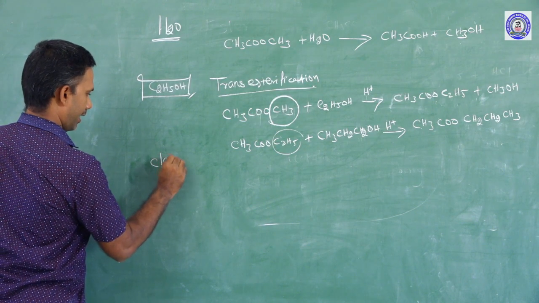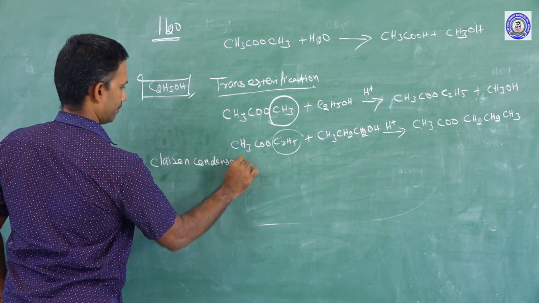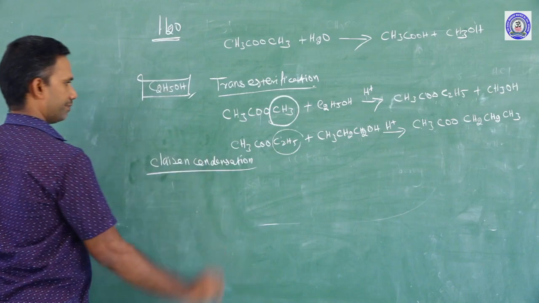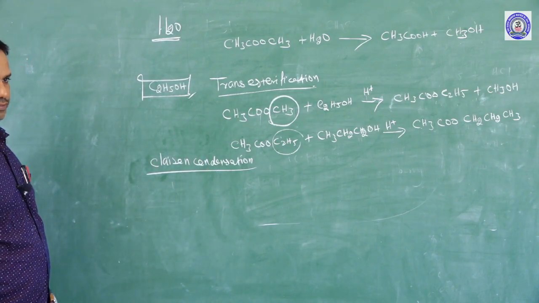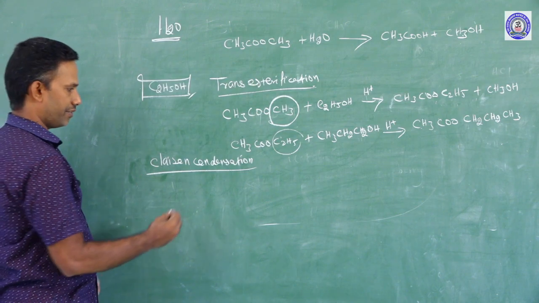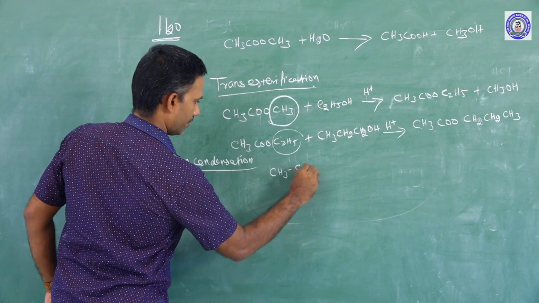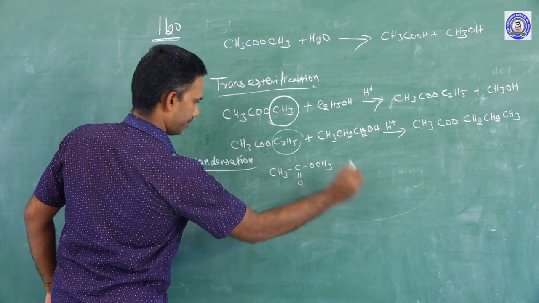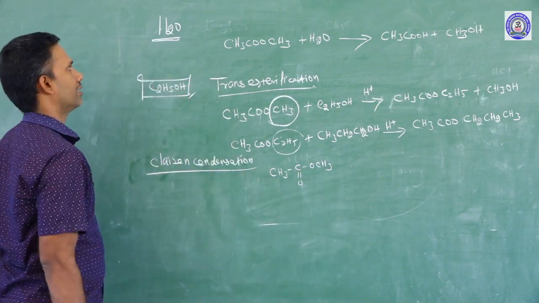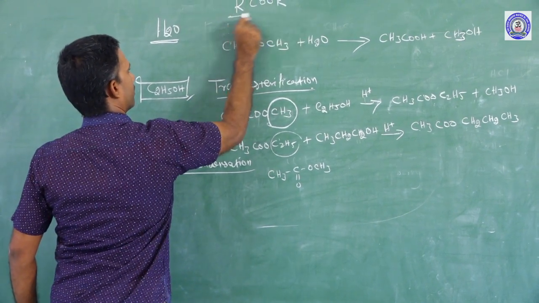Then another naming reaction, Claisen condensation. Self condensation of esters. For example, if you take the ester, it can be written like this. First of all, you should know this.